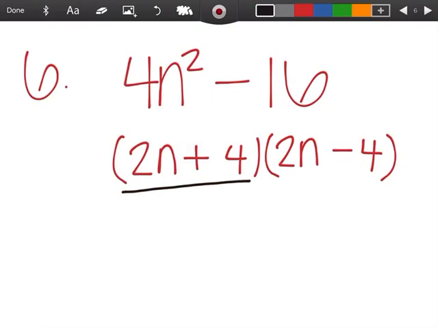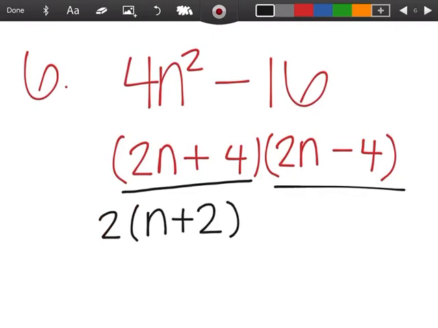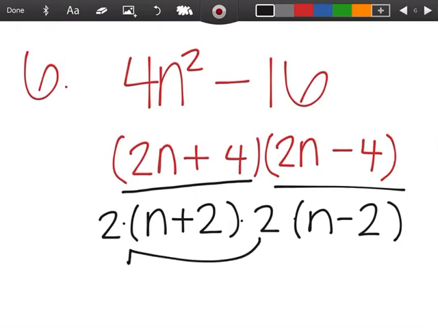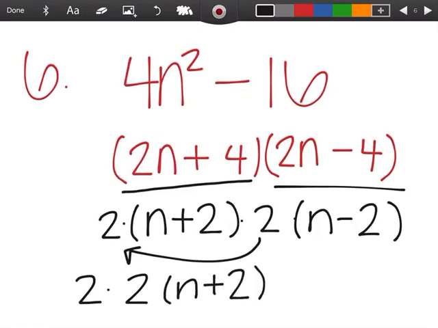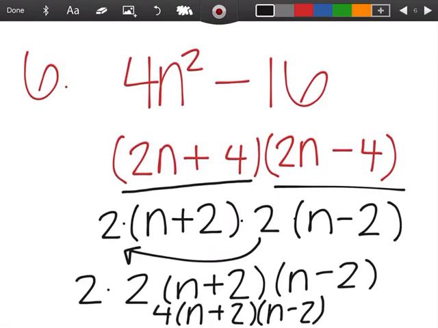But if you look, there's a GCF here. This is actually not the final answer because I can factor a 2 out of the first parentheses, and then I can factor a 2 out of the second parentheses. All of these things are getting multiplied together, and you'll typically see them write the coefficients out front. So 2 times 2 in front of both of these parentheses, that would be 4 times n plus 2 times n minus 2.